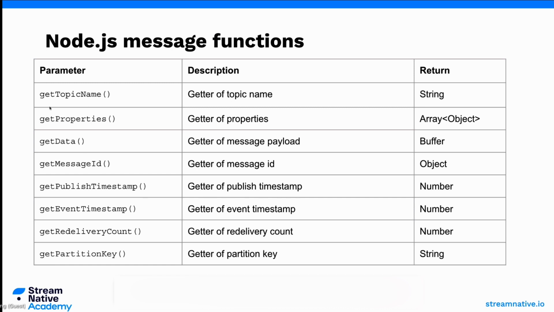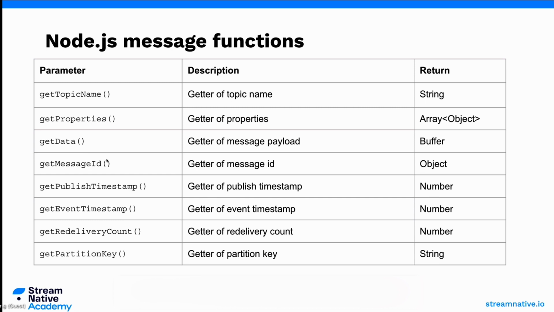Once you get the message, you can use the getters to get this message coming from this topic. Okay, what metadata does this message have? What's the data, which is the payload? It returns a buffer object in Node.js.